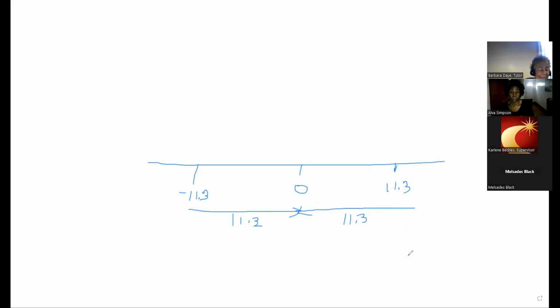Okay. That's why I say think number line. So to go from negative 11.3 to 0, I moved 11.3 spaces, right? So if I put over here, say a 4, what was that number we had? 11.3, and what was the other number?